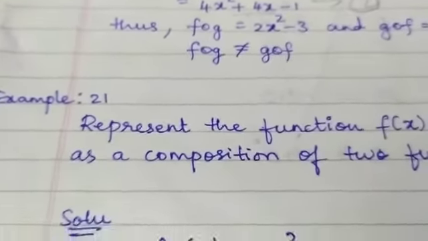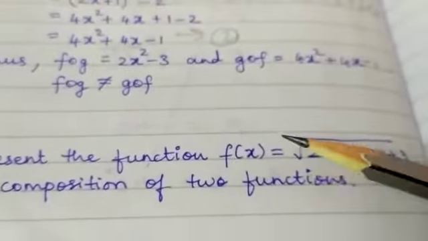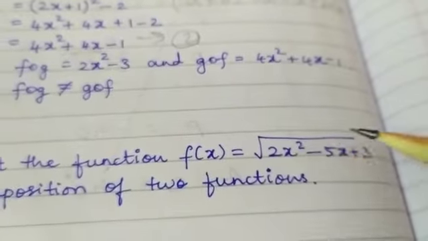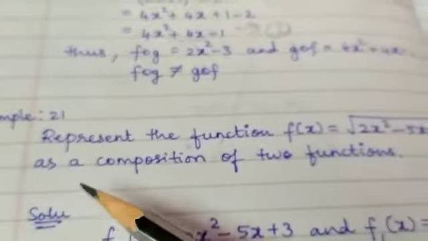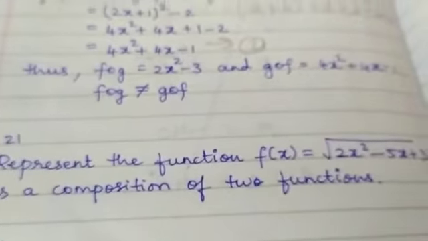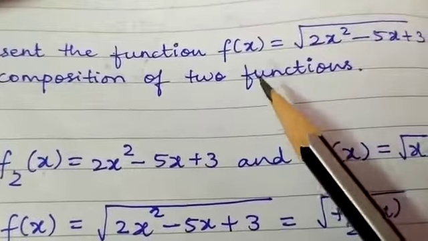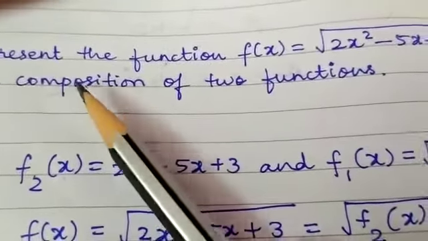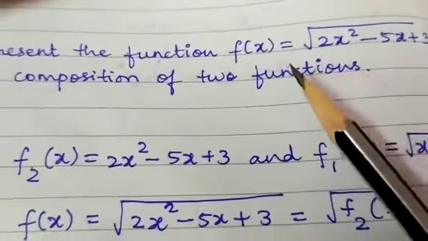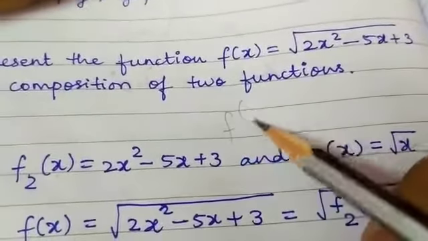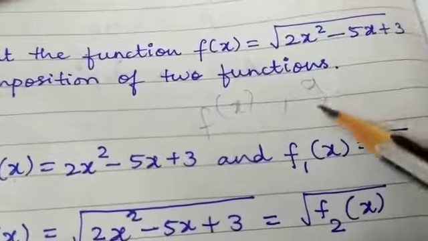Our next example is number 21. We have to represent the function f of x equal to root of 2x square minus 5x plus 3 as a composition of two functions. So you already know that composition is nothing but the combination of two functions. When we separate the composition, we'll get two functions, f of x and g of x.